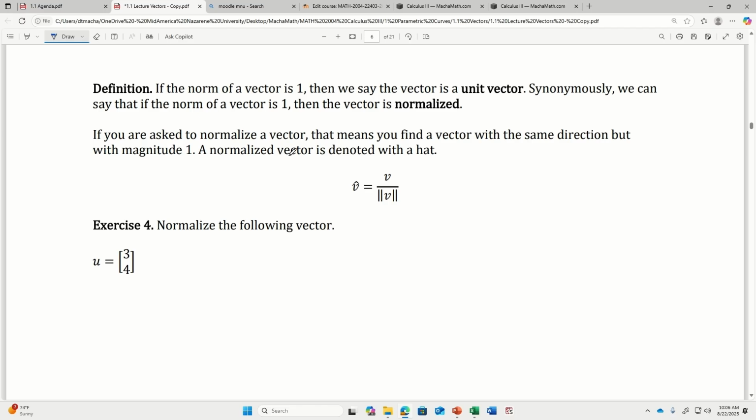Now, if I ask you to normalize this vector, that means I want you to find another vector that has exactly the same direction, but it's scaled up or scaled down so that the norm of the new vector is 1. And we use a little hat to tell you that it's a normalized vector. So there's the formula. That's how you normalize a vector right here.